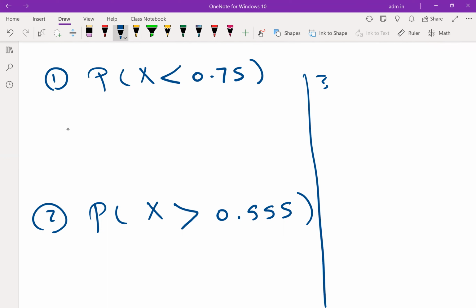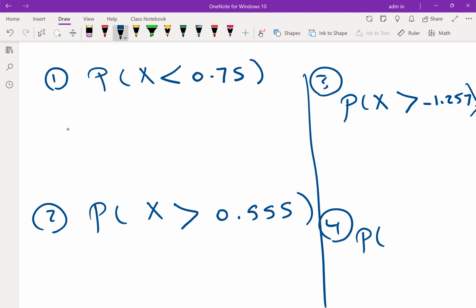Number 3, probability of x greater than negative 1.257. Number 4, probability of x less than negative 0.548. Yalla, waiting for your answer.